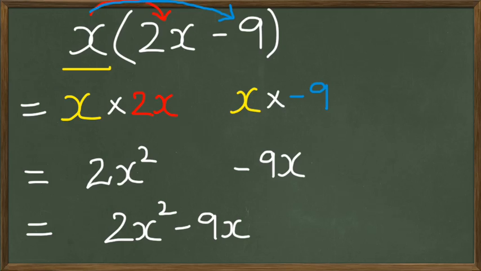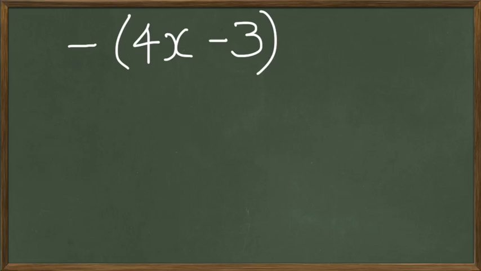Now in the next slide we're going to be talking about what happens if the number outside is a minus. So let's start off simple. If you have a number such as 4x minus 3, and there's a negative in front of it, then all it means is that everything inside the bracket is going to be multiplied by negative 1.